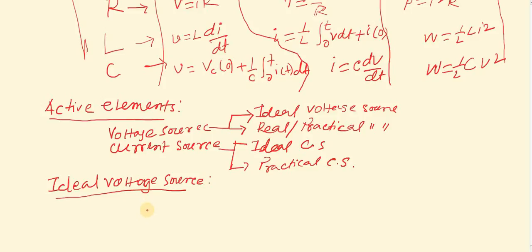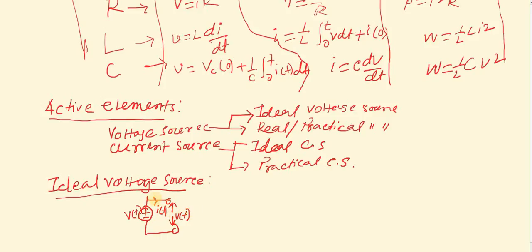The symbol for an ideal voltage source is like this. This is the symbol for an ideal voltage source. The voltage is Vt and the terminal voltage will also be Vt as it is the ideal one, and the current flowing through this is say It.